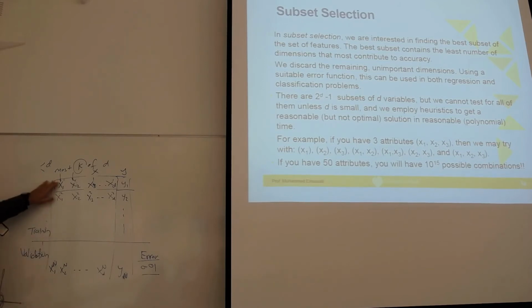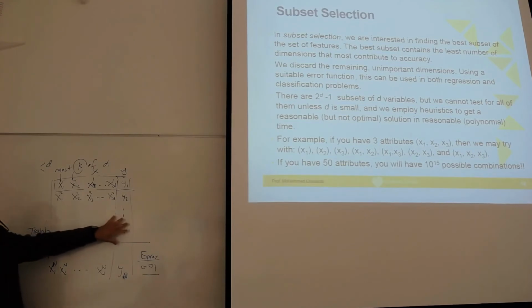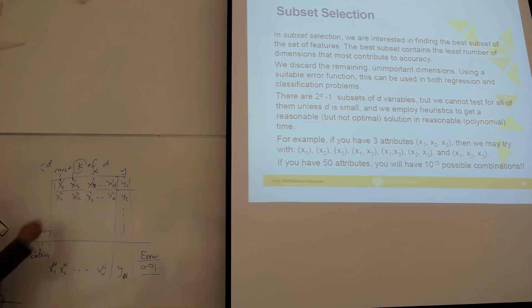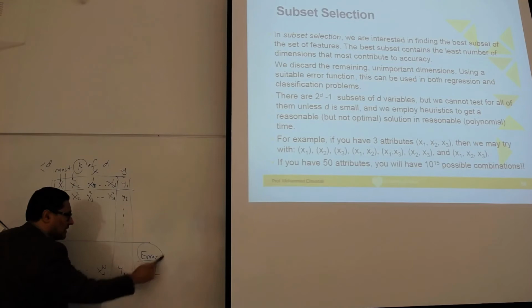You remove this feature from the data, you take off X1. Then you repeat the same learning with the data, but excluding X1, and you take the others from X2 until XD. Then you check the error over the validation.